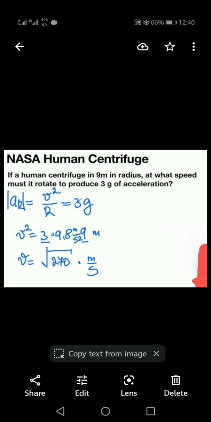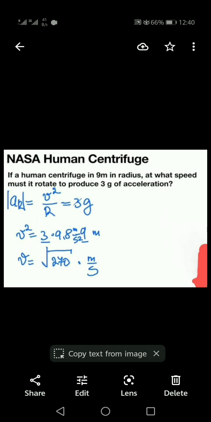Now we have 3 parameters, which are velocity, radius, and acceleration. So we have to pick a formula that contains all these 3 parameters, and we can choose radial acceleration, which is equal to v squared over r.